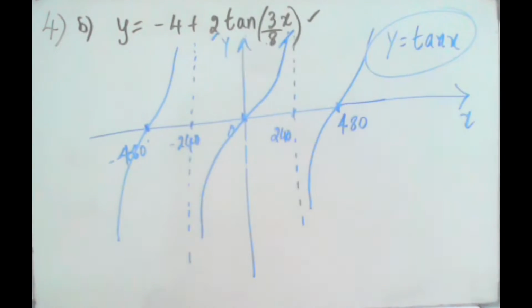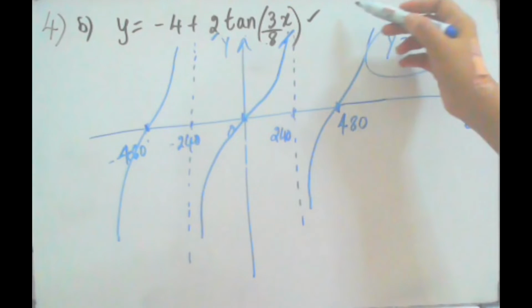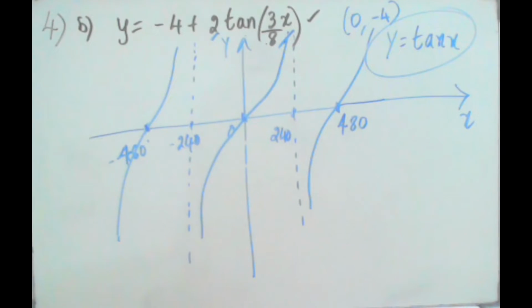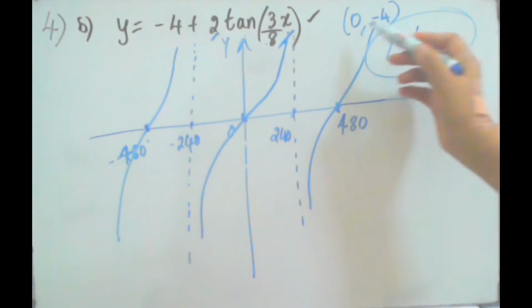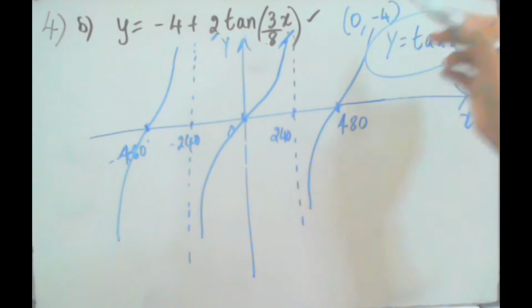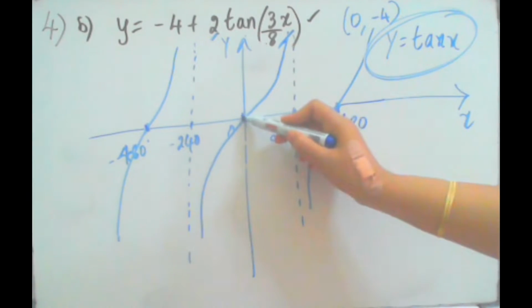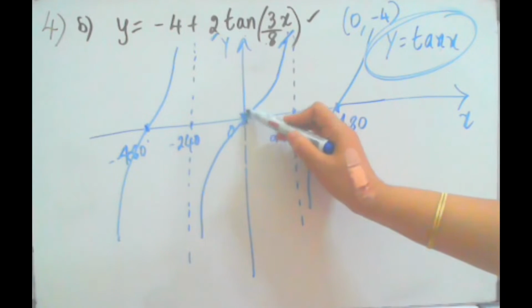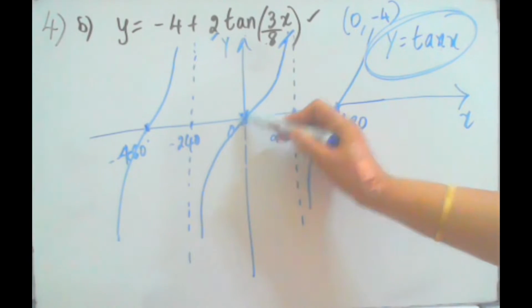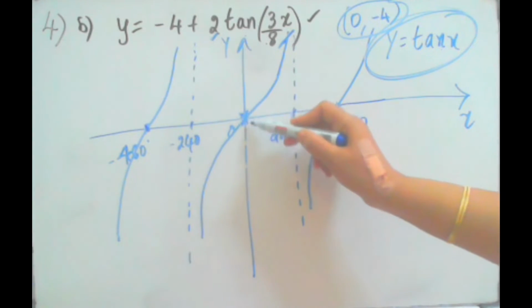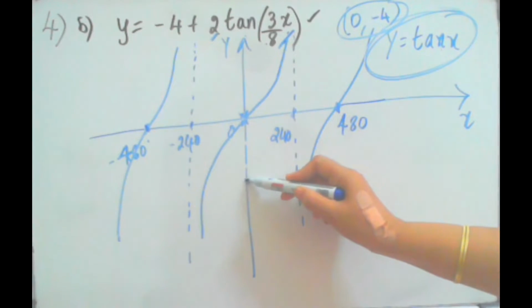Now how do we take care of this 2 here? Remember when x was 0, the y value was -4. This was given. So that means the y-intercept is -4. For y equal to tan x, when x is 0, y was also 0. That was this point. But now this point has been moved like this, so it must be cutting the y-axis not at 0 but at -4.